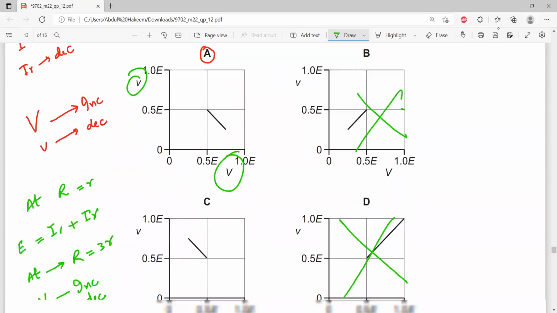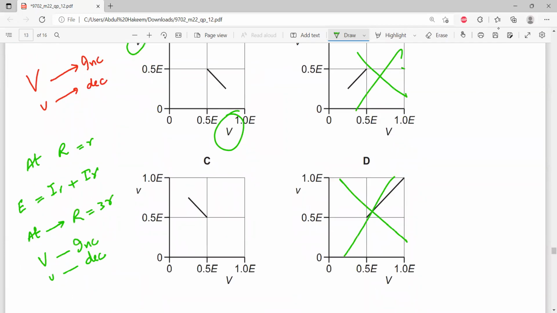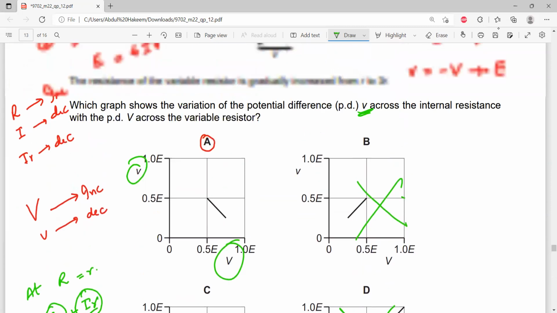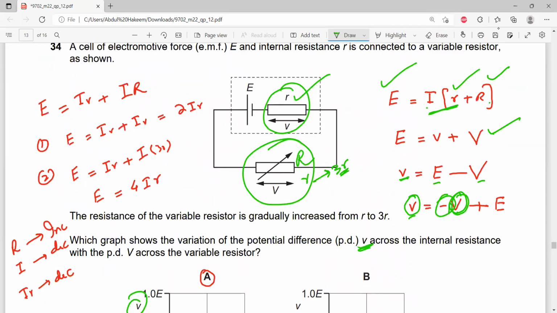Now look, initially the external resistance is equal to R, and small r is the internal resistance also. So we can write EMF is equal to IR plus IR. It means the EMF is equally divided between these 2 resistors. So here small v is 0.5 EMF, and capital V is 0.5 EMF.